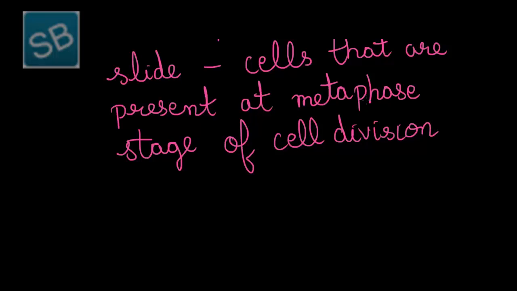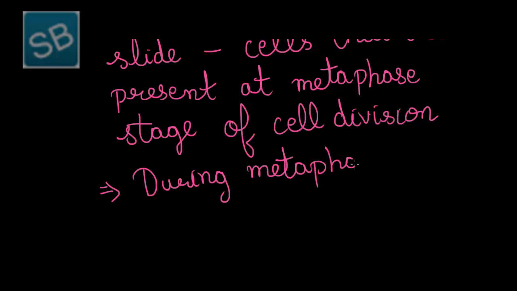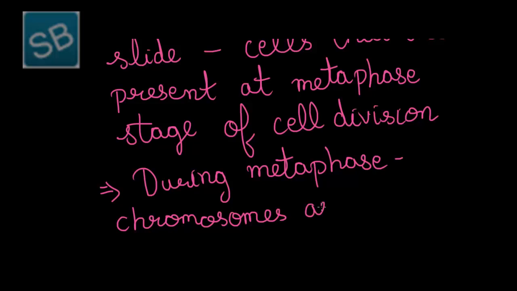It is because the metaphase stage contains chromosomes in a separated manner at different spindle poles. Therefore, during metaphase, the chromosomes are separated from one another.